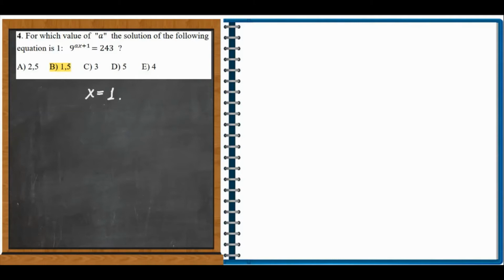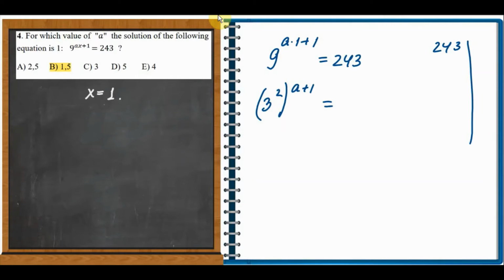So let's plug x into the equation. 9 to the power of a multiplied by x plus 1 equals 243. As you see, 9 is 3 to the power of 2, a plus 1 equals. Now let's decide what 243 is as a power.